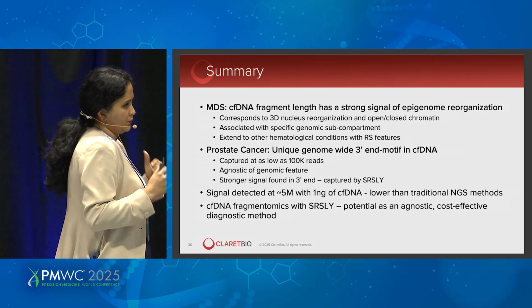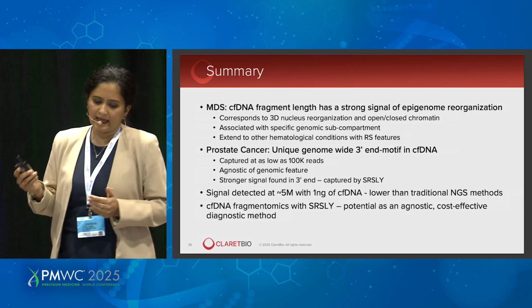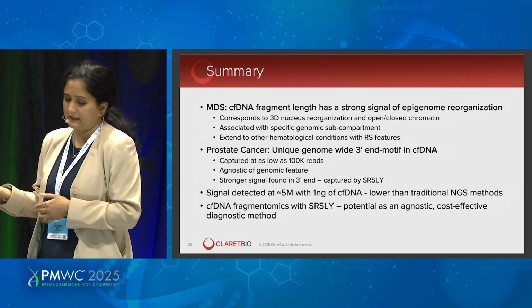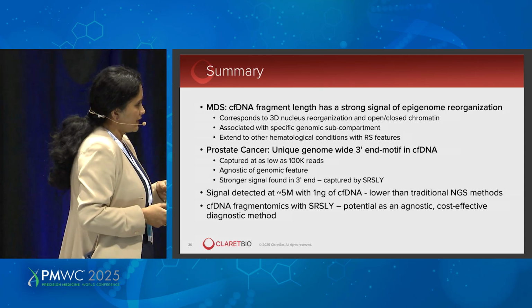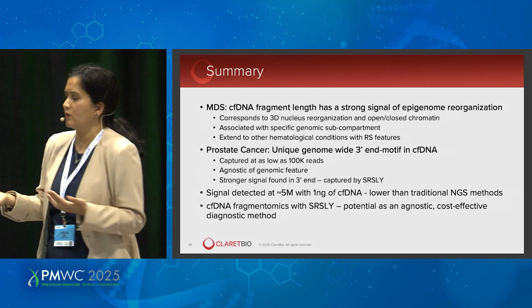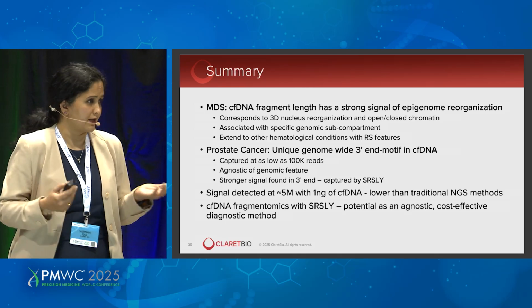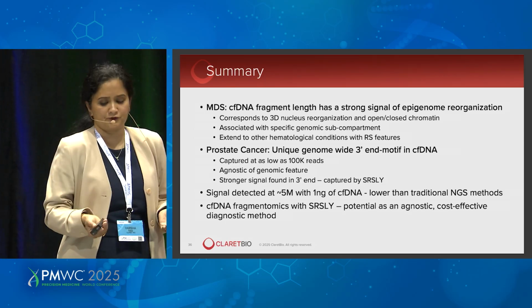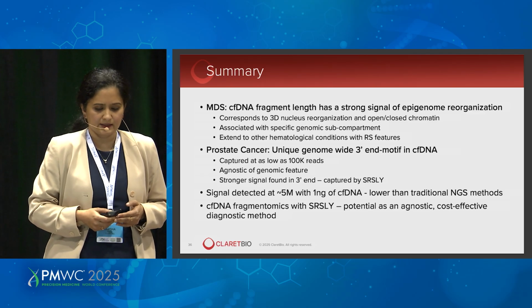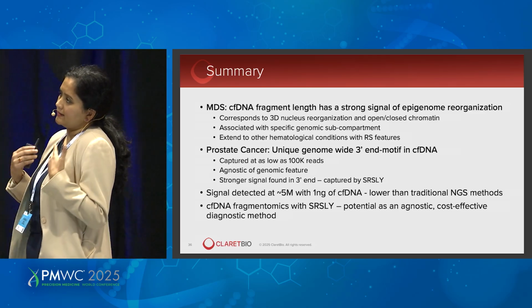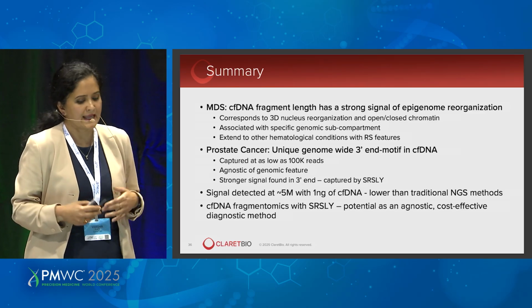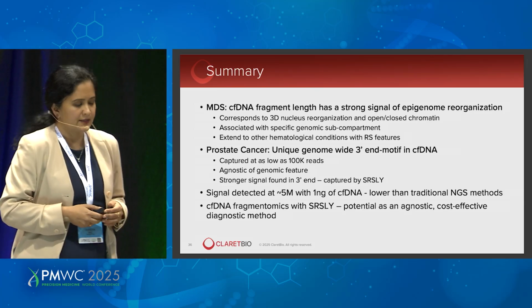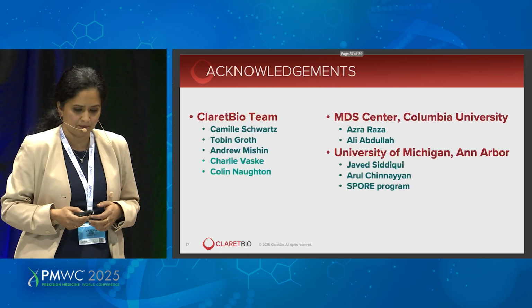And the common thing between both these analyses is that the signal is captured at very low depth of sequencing, 5 million reads, using 1 nanogram of DNA, which we extract from as low as 500 microliters of plasma. So it's much lower than the requirements of traditional NGS methods. So this shows that cell-free DNA fragmentomics can be used as an agnostic, cost-effective diagnostic method in cancer.